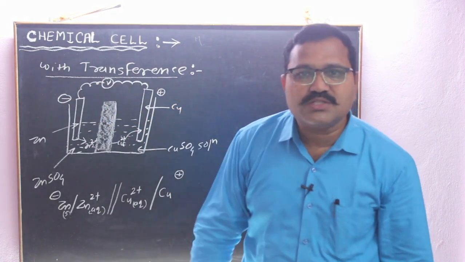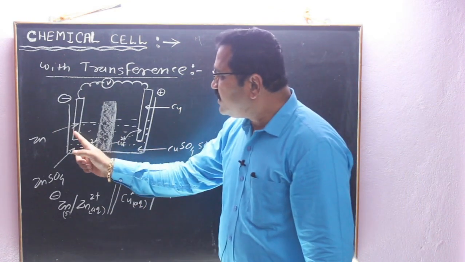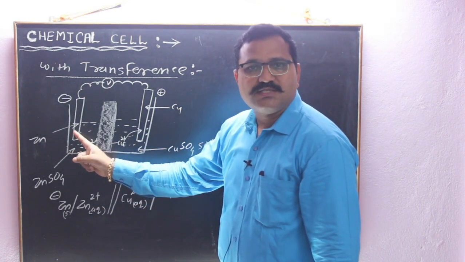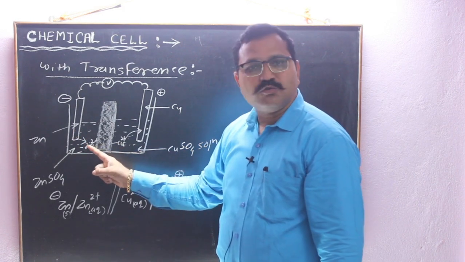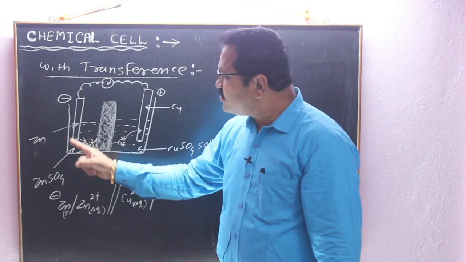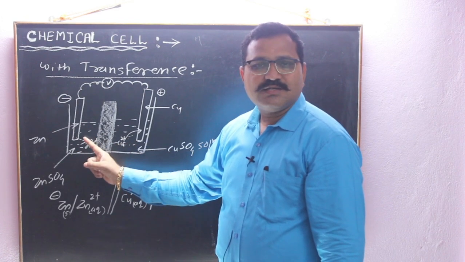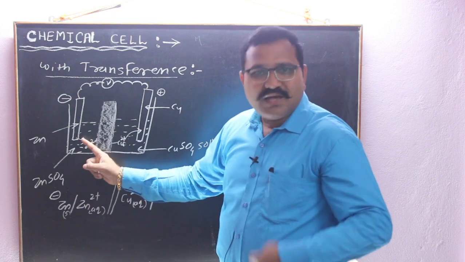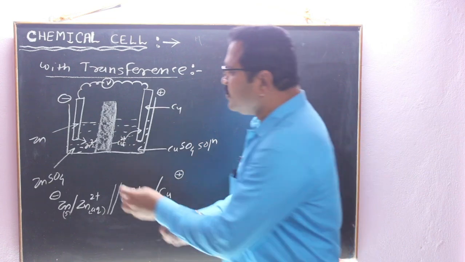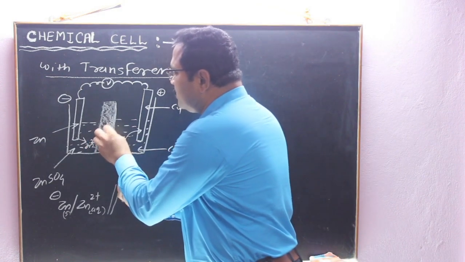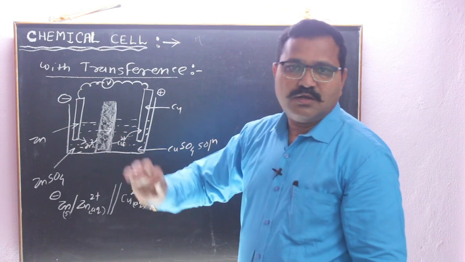Why is it called with transference? In this cell, since the zinc electrode is going in the solution as Zn2+, positively charged ion concentration increases here. That's why, to balance the charge on the solution, ions are transferring through this porous partition.